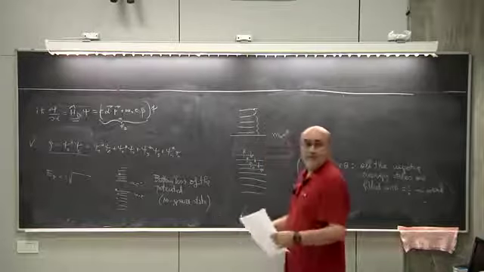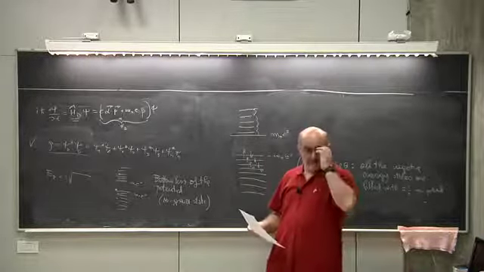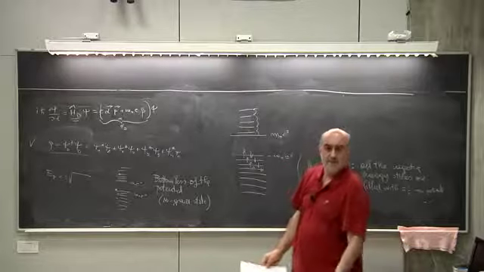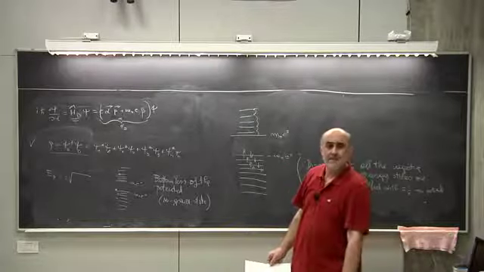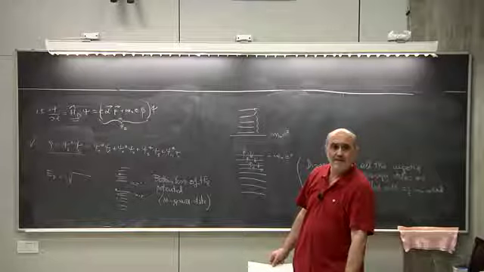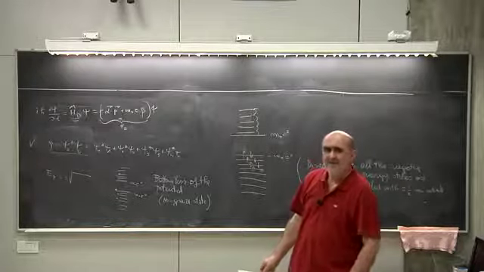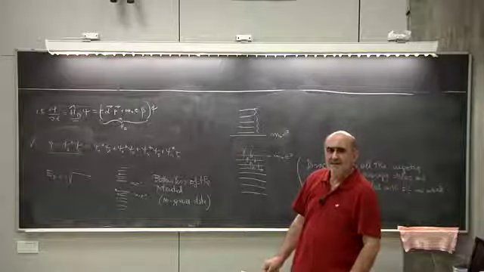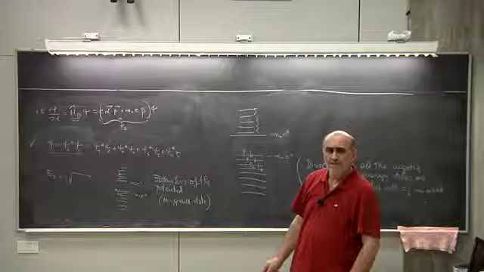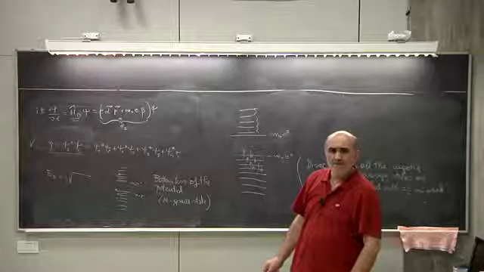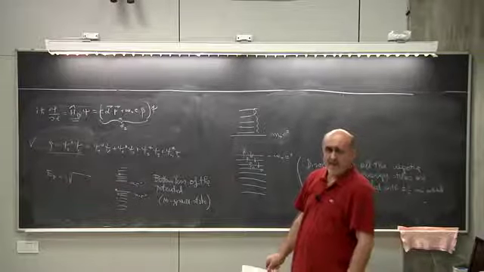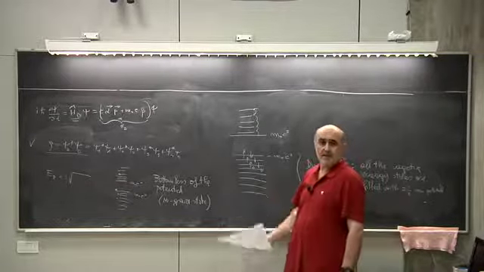Now, yes? What if the energy of the particle is bigger than this potential? If we have a particle with enough energy? No, it cannot, because it would violate the Pauli principle.